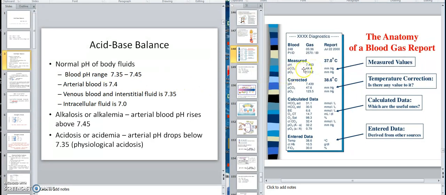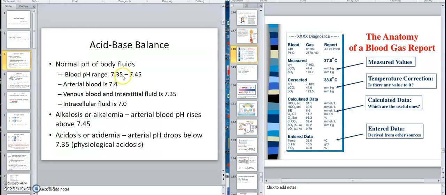Now, that person is a little bit basic right here, because this is an arterial blood gas. The only time it's mandatory to draw blood from an artery is to do an arterial blood gas, because we're not interested in venous blood. So arterial blood is about a 7.4.